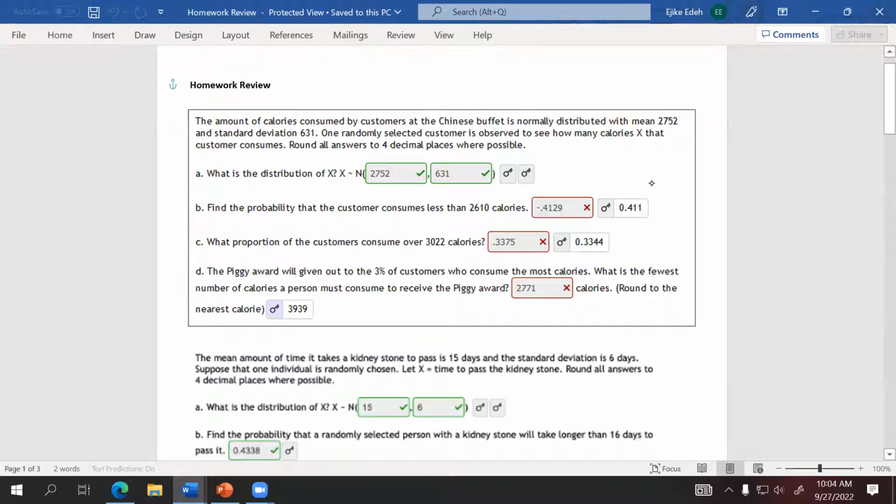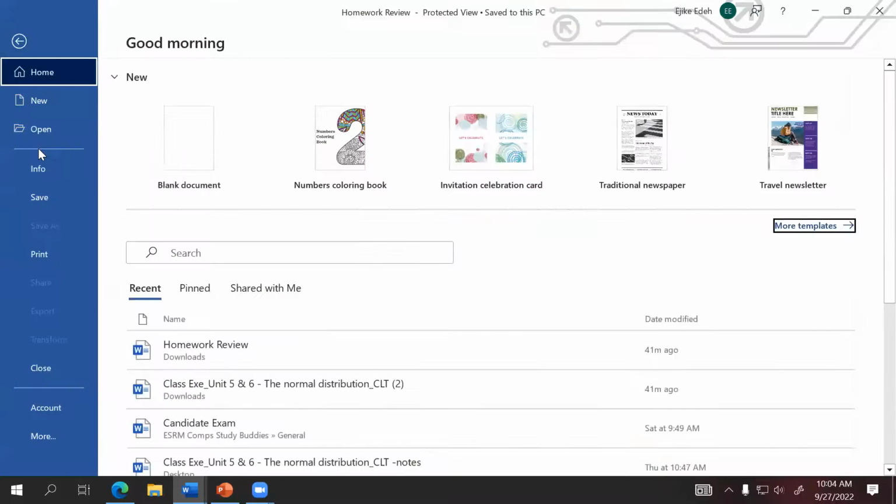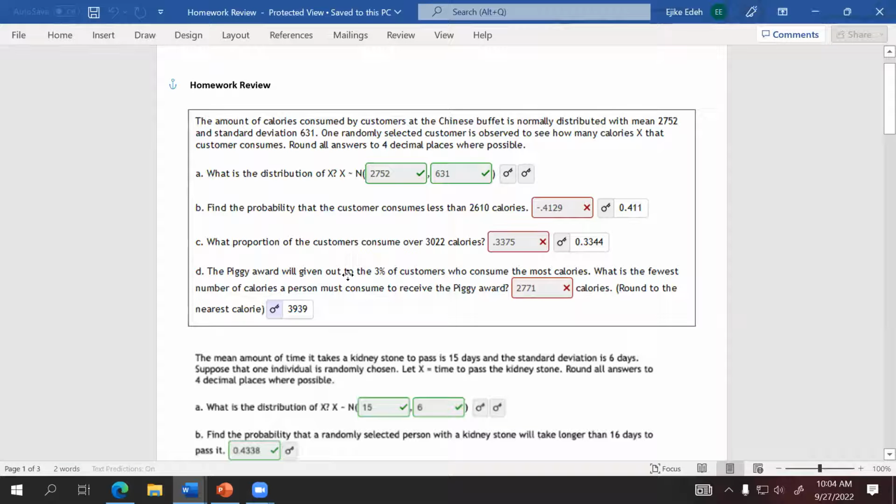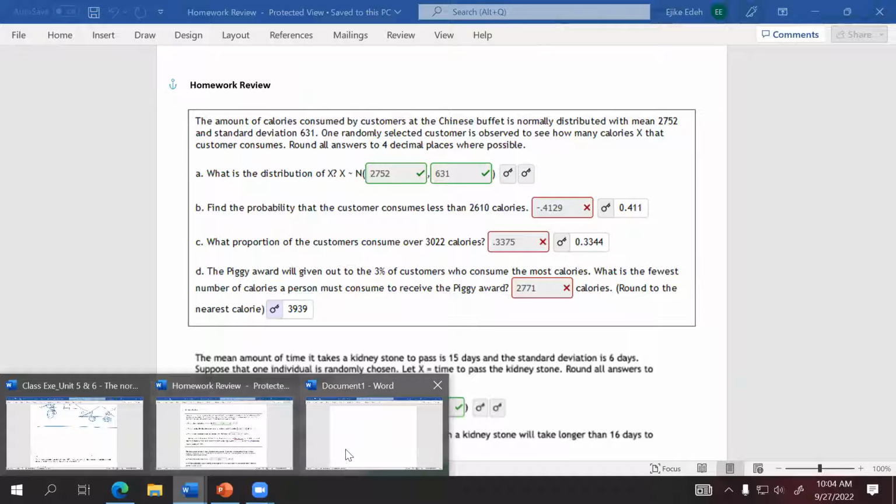I'm going to open a new Word document and see if I can get an active sheet. Okay, that is better. Let's copy this question and paste it here.